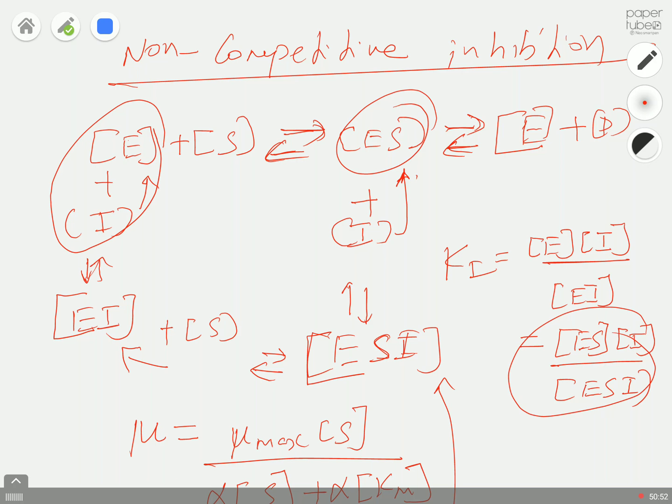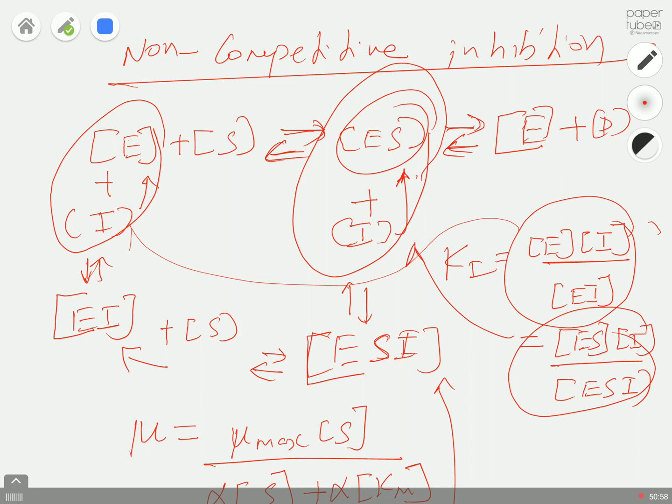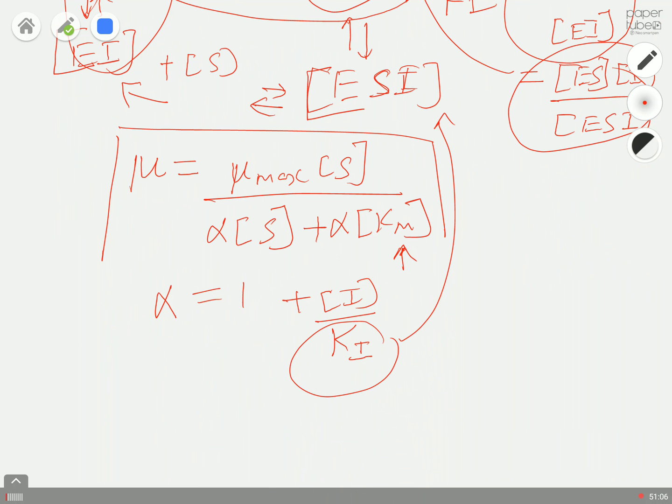This part corresponds to this side of your reaction, and this one corresponds to that side. It's a bit tough, but you will soon know how to use this expression.